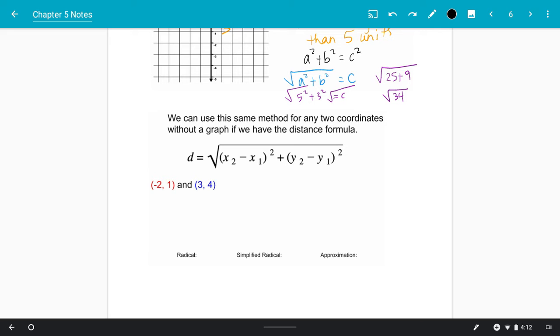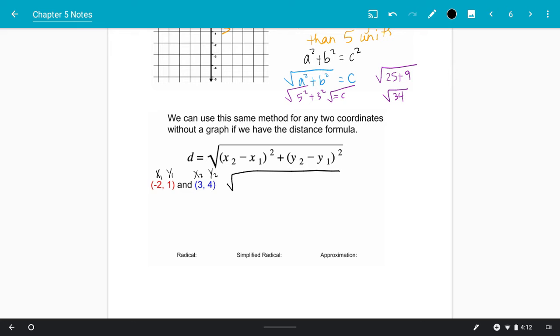So x2 and x1 is saying the first x and the second x. So I'm going to call this x1 and this y1, and I'm going to call this x2 and y2. This means my first x and y, my second x and y. And then we're just going to fill in the gaps.